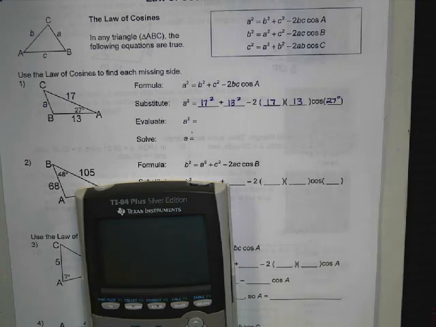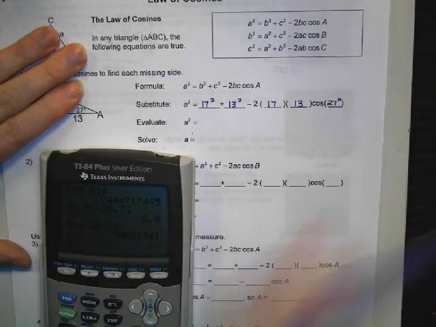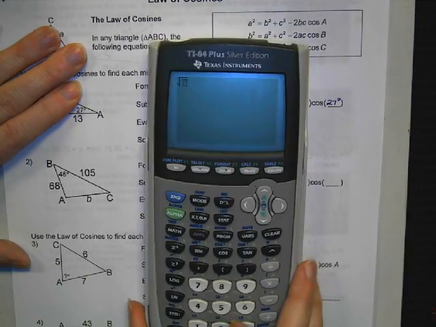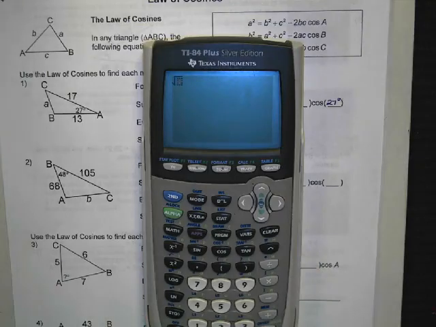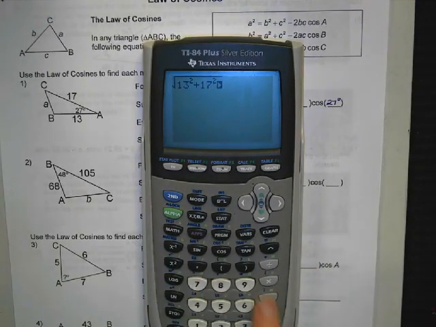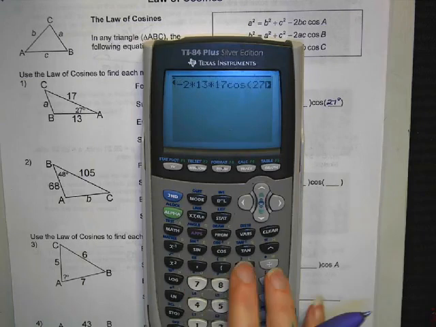Square root. Take the square root. So I can actually stick all of that in my calculator in one hit, even under a square root sign. And it'll figure out the problem for me, and I don't have to do anything. So 13 squared plus 17 squared minus 2 times 13 times 17 cosine 27.